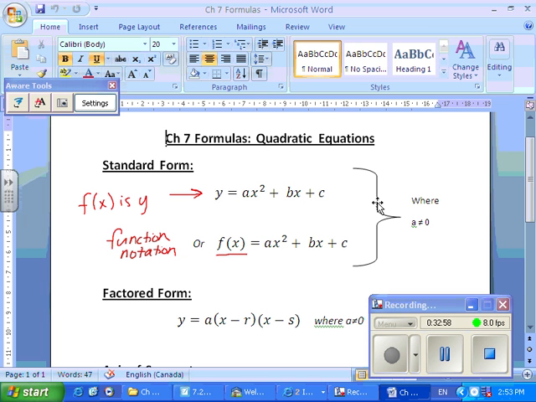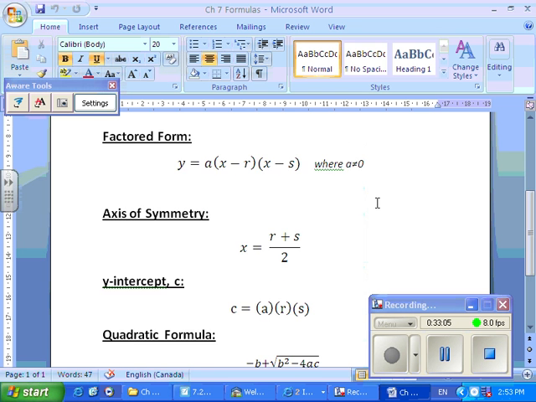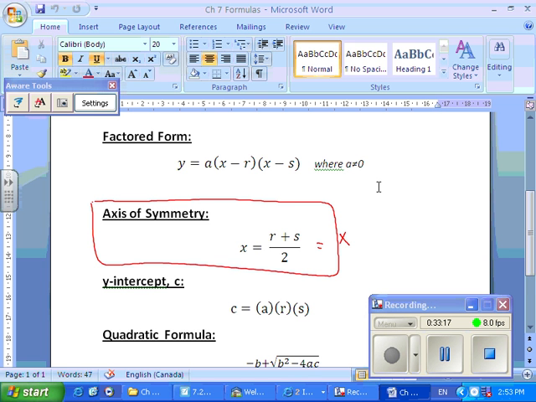The other equation while we're looking at your formulas, if you have a look down below, there is that equation for the axis of symmetry. It looks a little bit different here. It's r plus s over 2. This can also be written as, and we'll talk about what r and s are a little bit later, but essentially r and s are just two x values for 2 points that are across from each other.